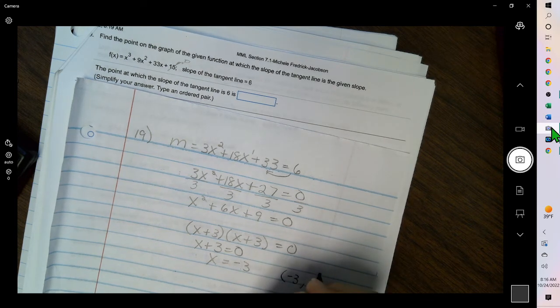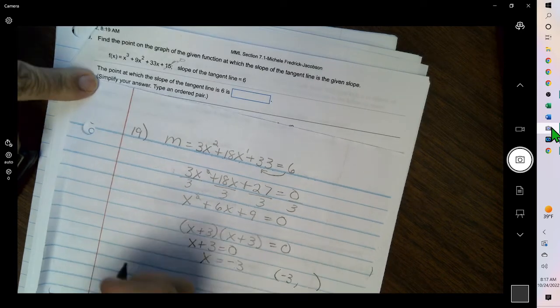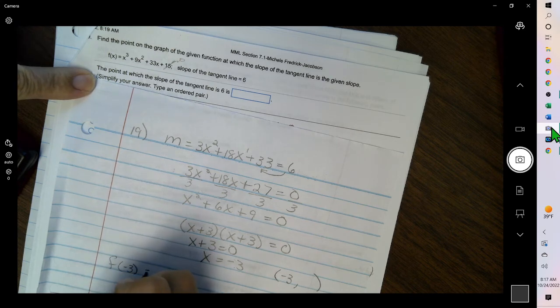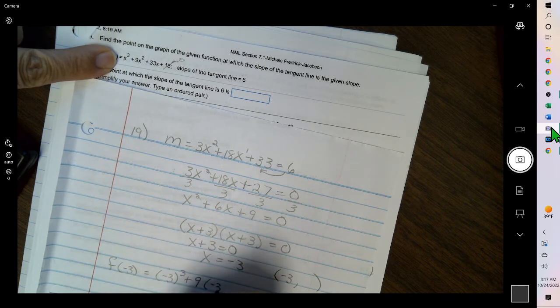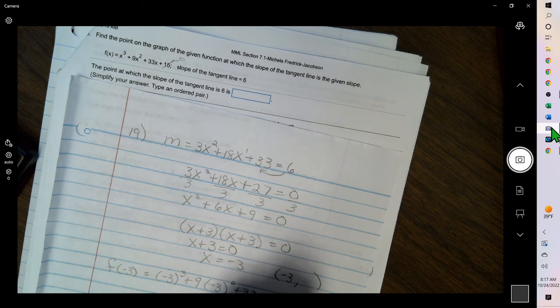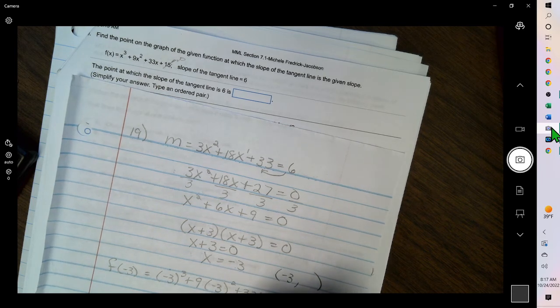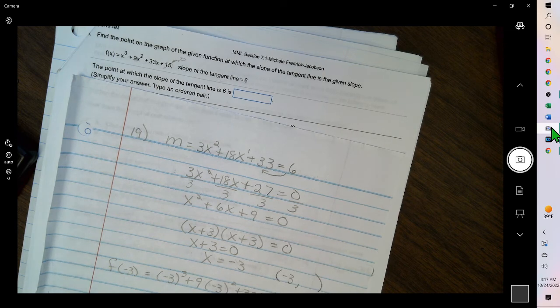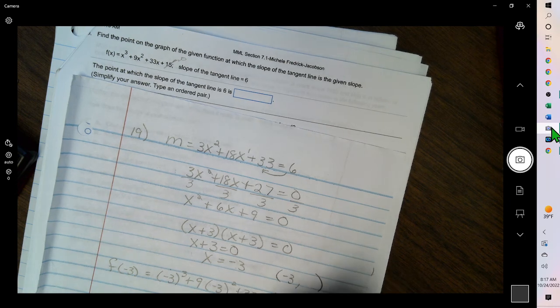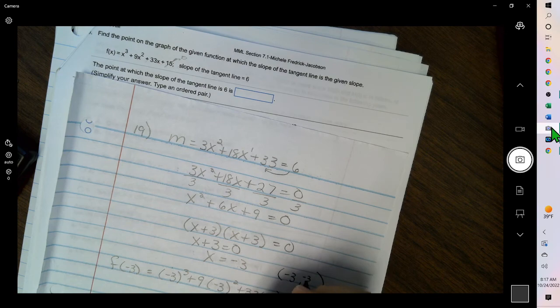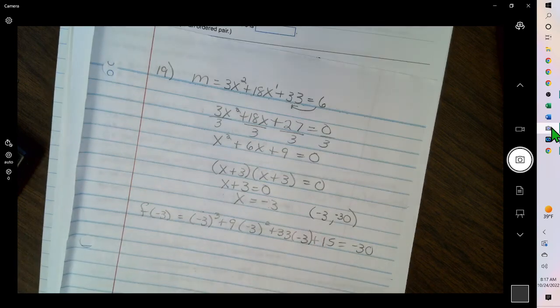To find the point, plug it back into the original. -3 cubed plus 9 times -3 squared plus 33 times -3 plus 15. So the point would be -3, -30.